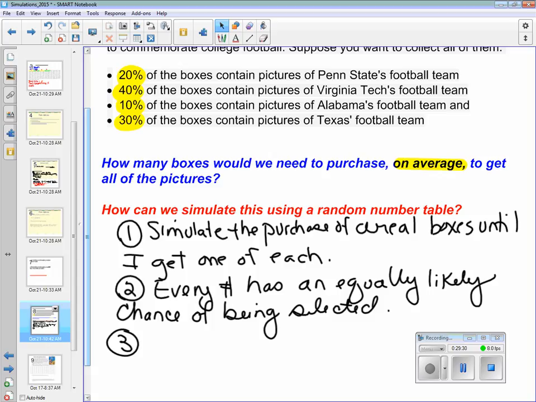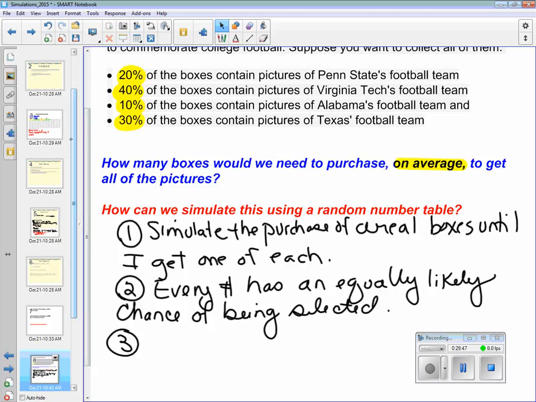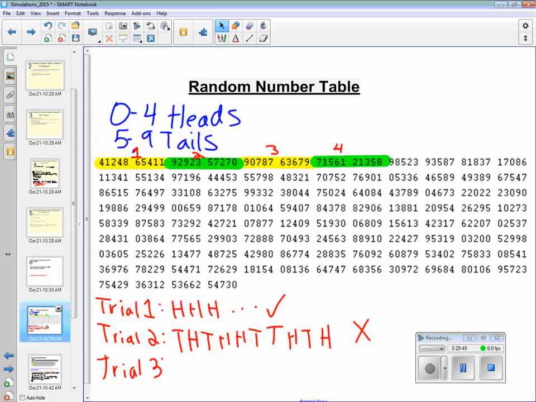Yes, ma'am. 10%, 15% would mean 2 digits. So you mean like any percent that ends in a 0, like 10, 20, 30, 40, 50, 60, 70, 80, 90? Yeah. Okay, so in my random number table, I'm not looking at one digit.